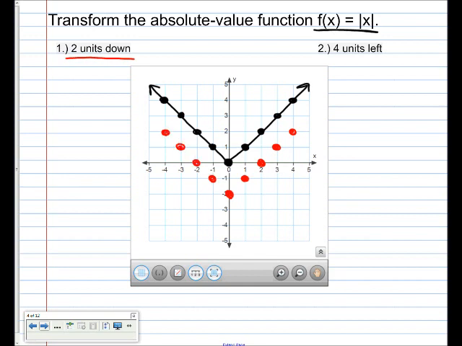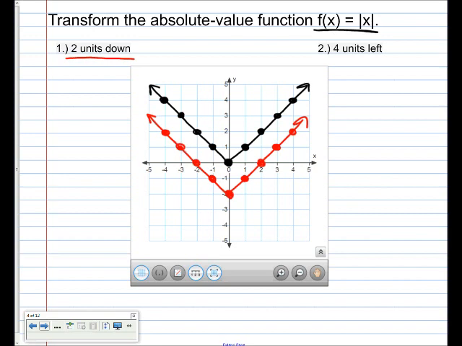Now once you get done drawing it, you should see that there's no difference. It's still the same V, it's just been moved. So in this case, 2 units down. What's the new vertex? Very good, Deanna. You need to say 0, negative 2. That's the new vertex.